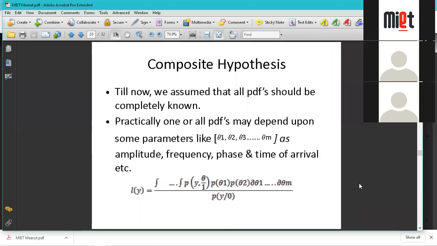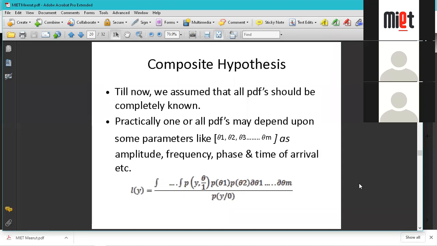In that case, if you compute the likelihood function, you can consider only one at a time. Because if you consider a lot of interdependent parameters, then it will be very difficult to find out. So this integral can be solved one at a time.